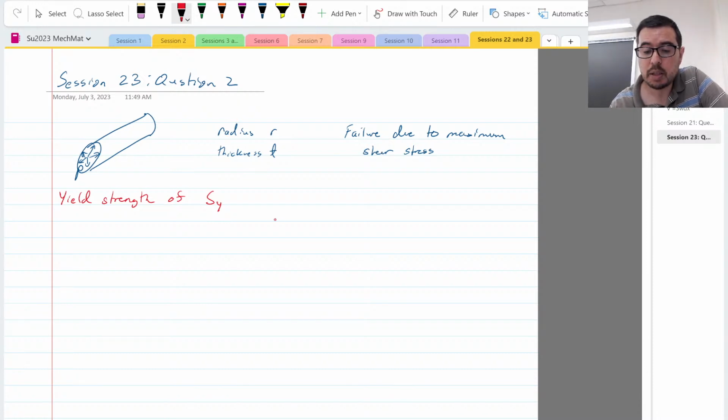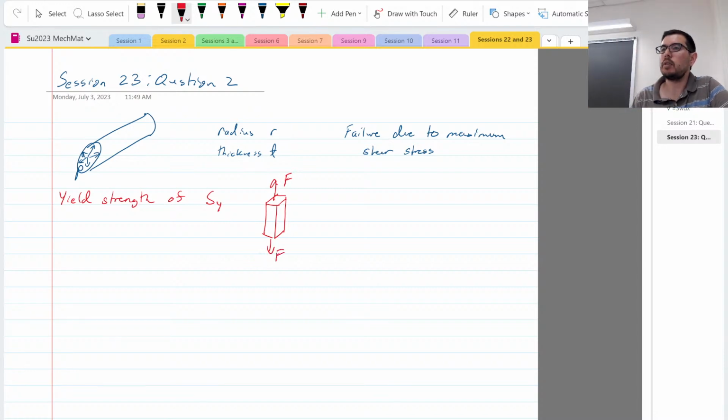So this is what you have, where you have some force in uniaxial loading, right? And so we know that Sy is essentially this F max over the cross-sectional area, A.